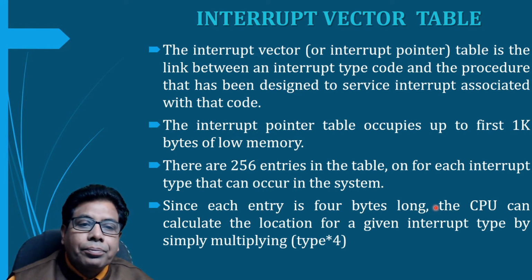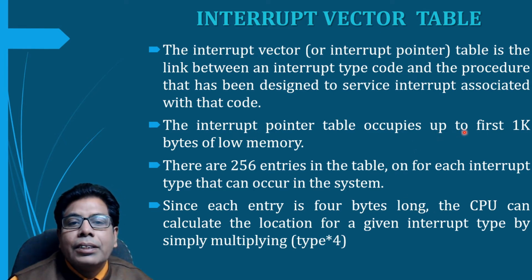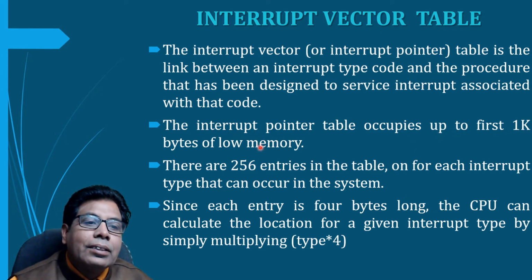That means for 256 interrupts, we will have 256 entries in the table, one for each interrupt. And the interrupt pointer table occupies the first 1K bytes of low memory.